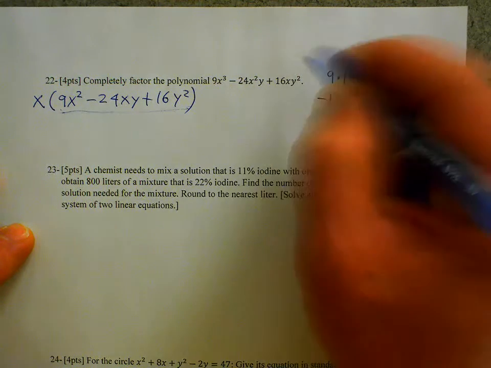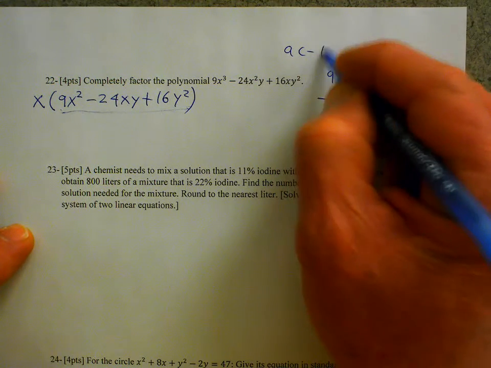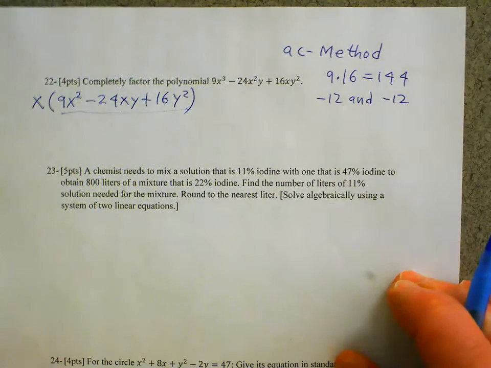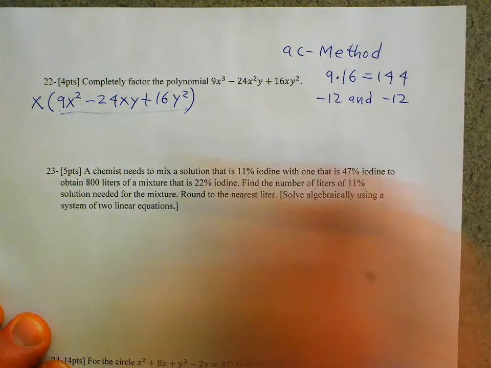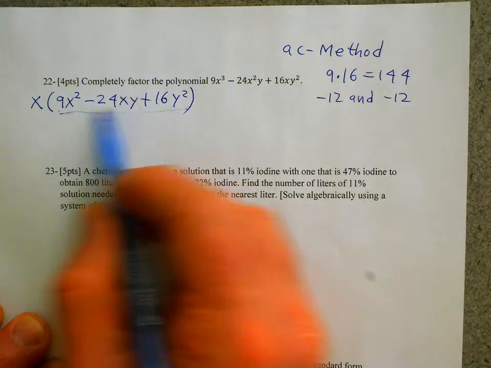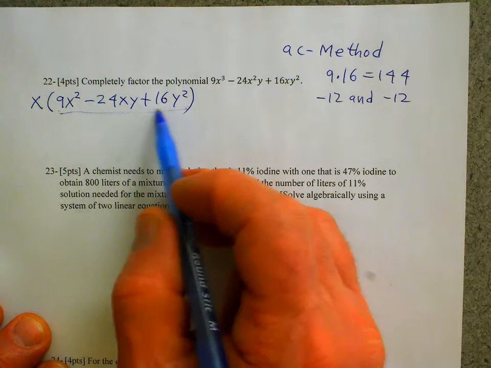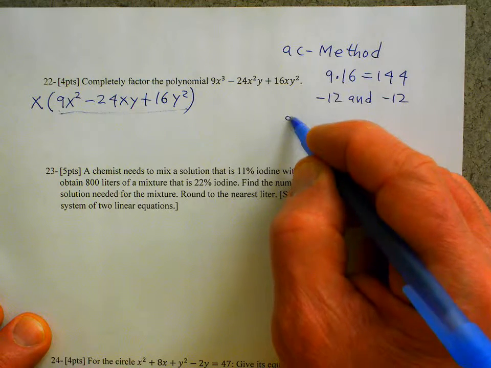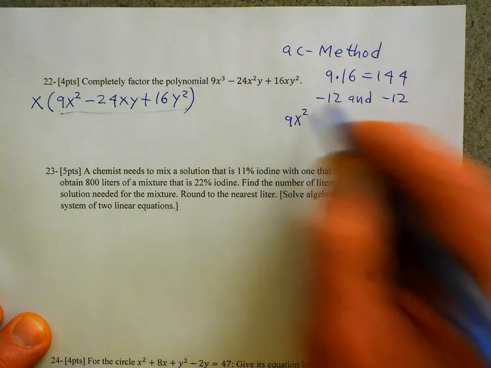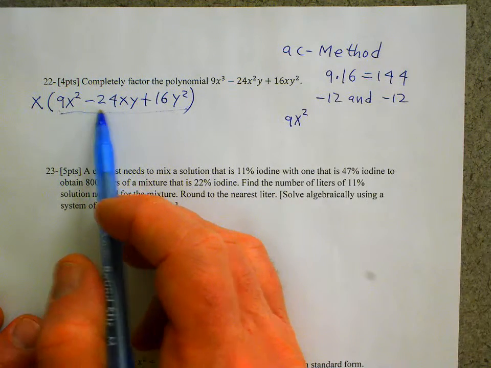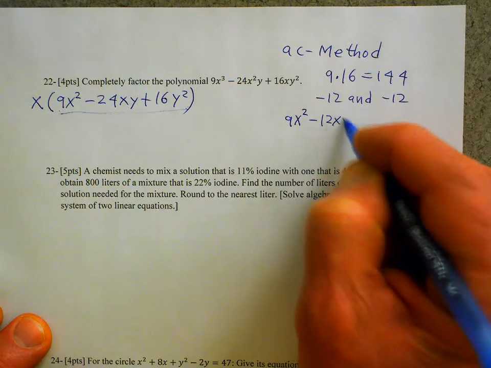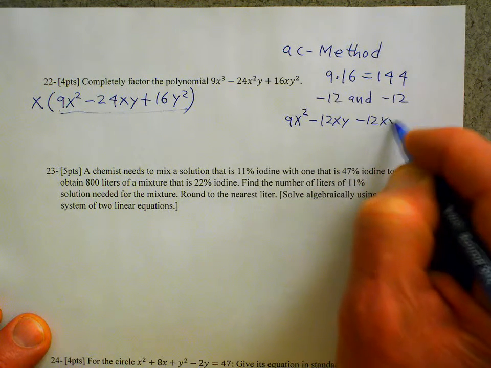Okay, so we're using the AC method to factor the trinomial. So on the side here, we'll factor 9x squared minus 24xy plus 16y to the second. So we transform it into a quadrinomial. We're going to replace minus 24xy with minus 12xy minus 12xy.